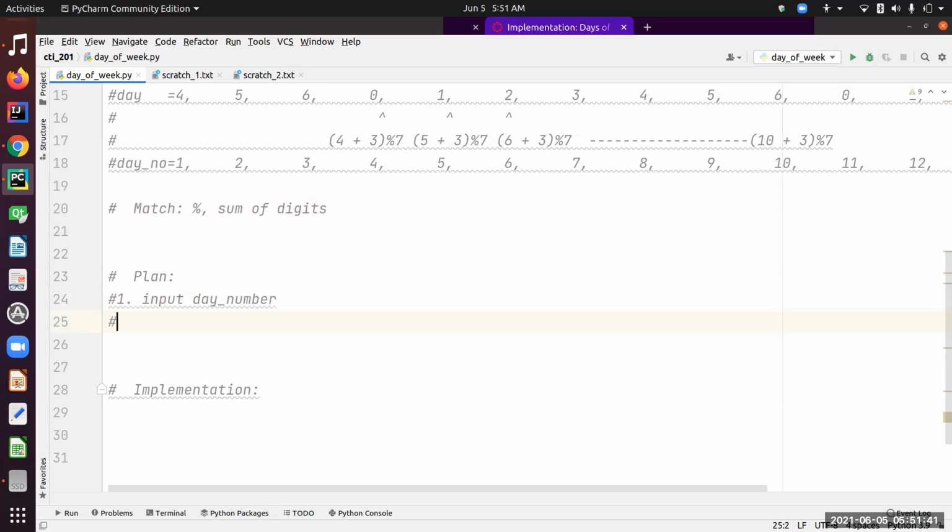And step 2 is basically to print day number plus 3, mod 7.